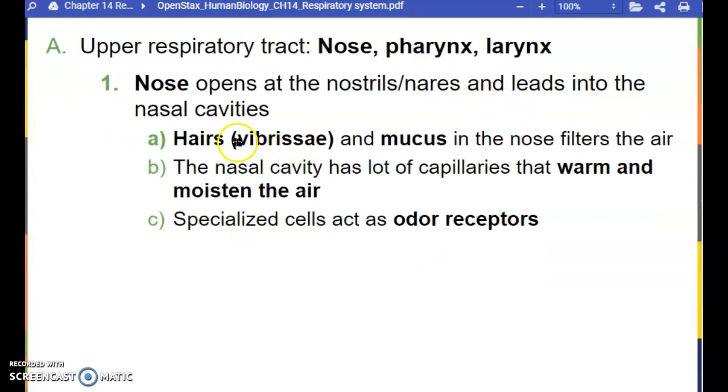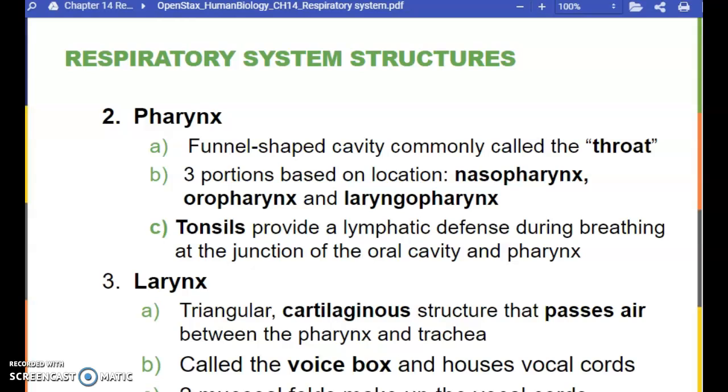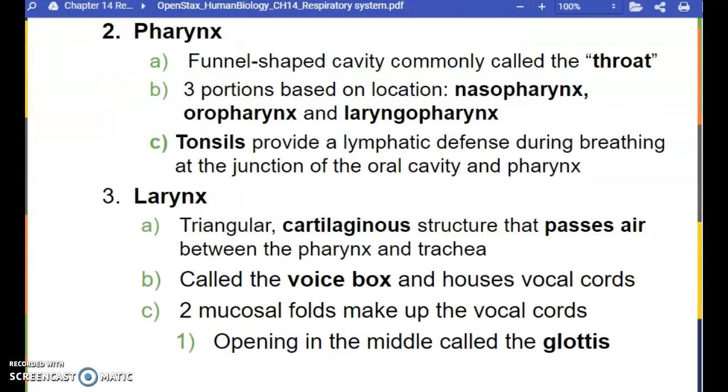The hairs in your nose are super important, blocking dust and particles from getting into the lungs. Specialized cells are odor receptors. That's why we can smell things that pass through our nasal cavity.